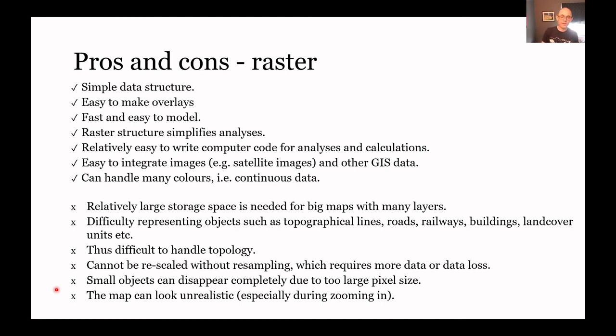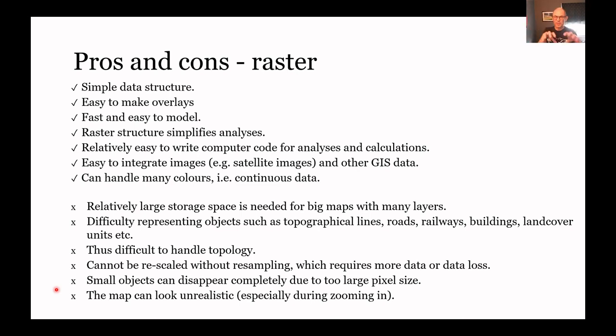But we can end up with unnecessarily large data storage, especially in class data, because of having to store just empty stuff, where we're having to say nothing here, nothing here, nothing here.